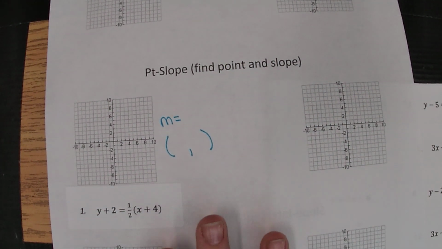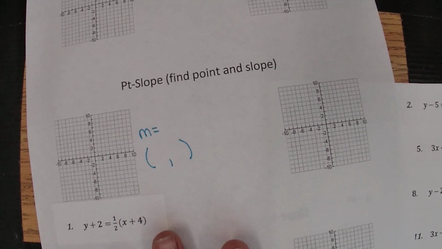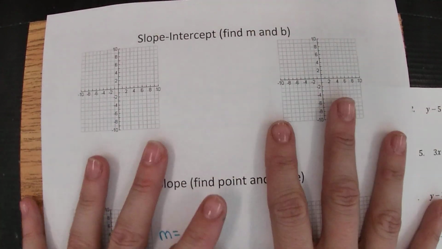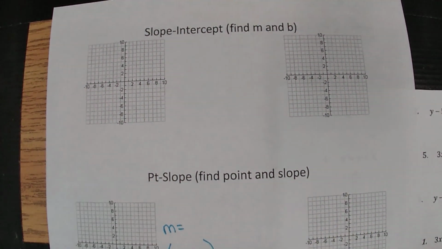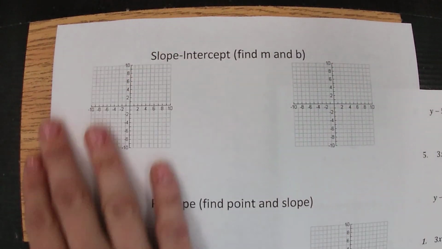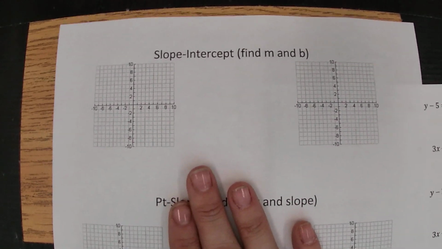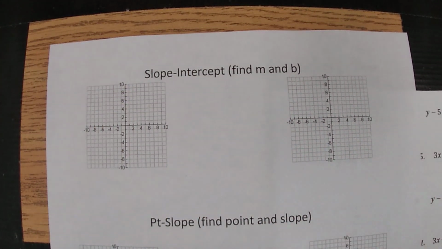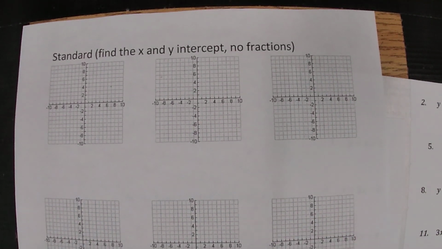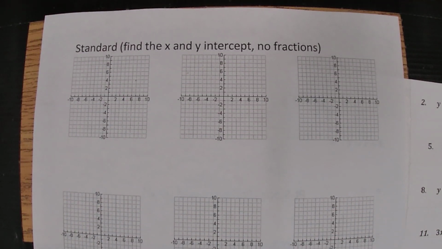This is what you need to complete for class tomorrow. So if you complete this worksheet and you complete the Canvas quiz in class, you don't have any homework. But the Canvas quiz is over this, so you don't want to rush through it because you need to do it correctly. If you don't finish it, hopefully you should be really close to finishing it. And then you'll just need to get on Canvas and finish the quiz that's associated with it.